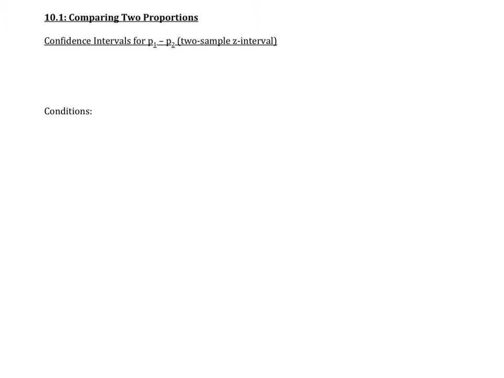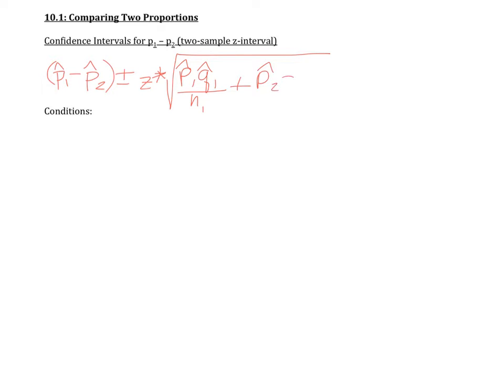My formula for a confidence interval is going to be P1 hat minus P2 hat plus or minus Z star times my standard error, which is going to be the square root of P1 hat Q1 hat over N1 plus P2 hat Q2 hat over N2.